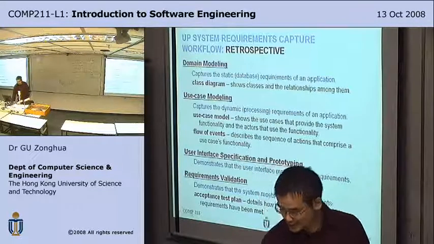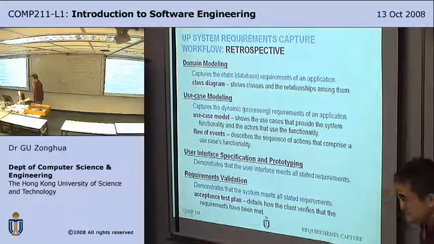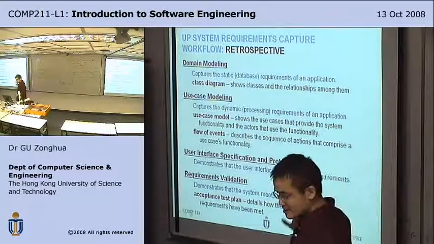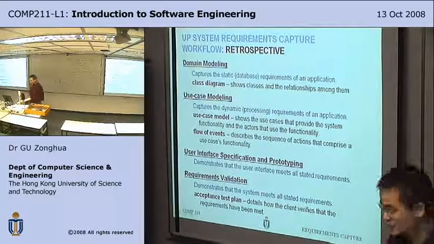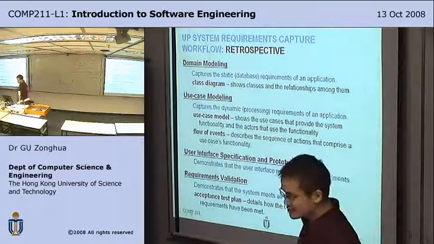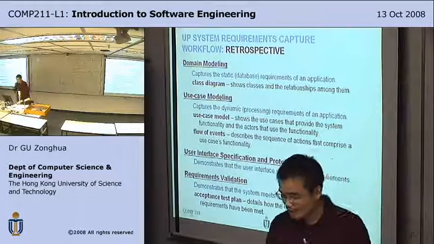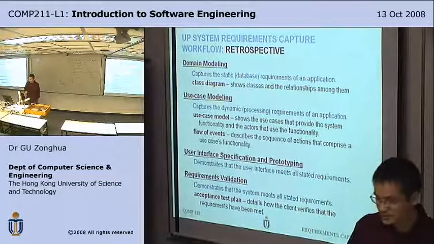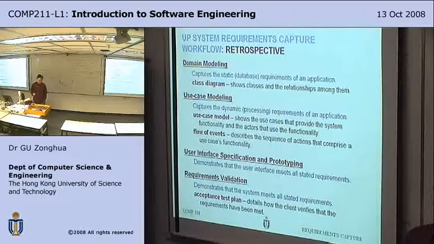So retrospective, we're done with the requirements chapter. We discussed first, domain modeling captures the static requirements of an application. Essentially, you're designing the database. It is a class diagram that shows classes and relationships among the classes.